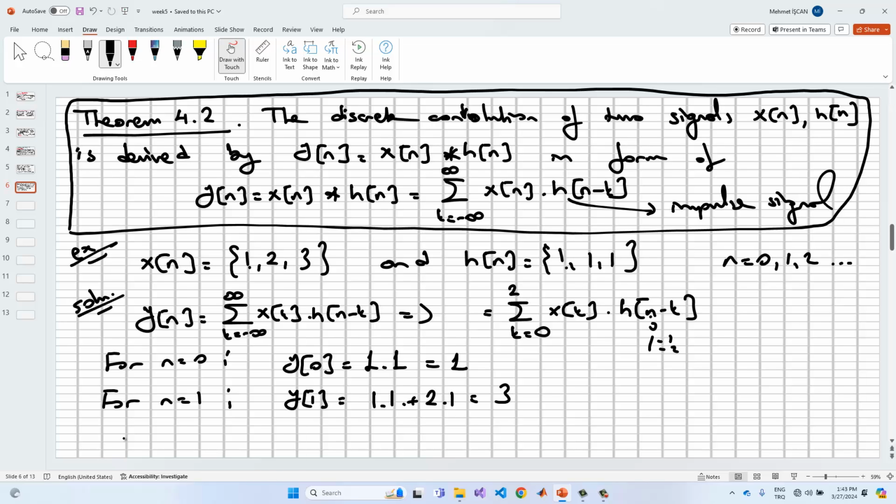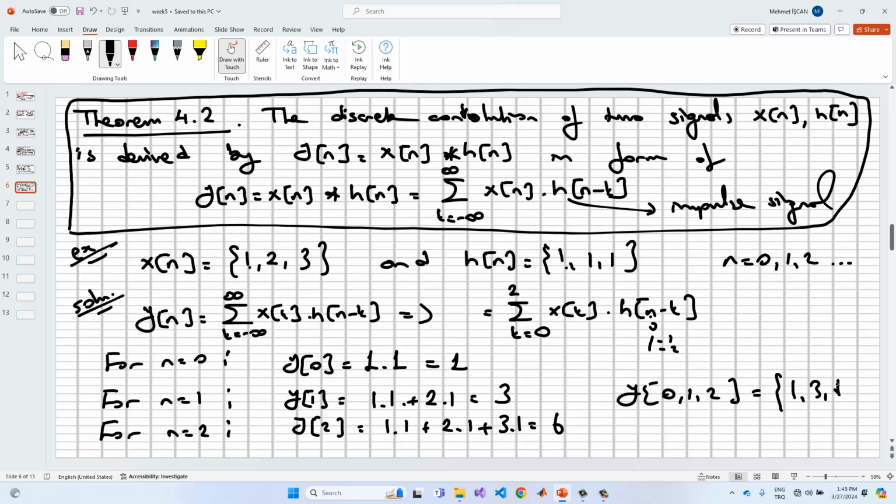But for n equal 2, y[2] is equal to 1 times 1, 2 times 1, and 3 times 1, which is equal to 6. And so y[0], y[1], y[2] is equal to 1, 3, 6. Okay?